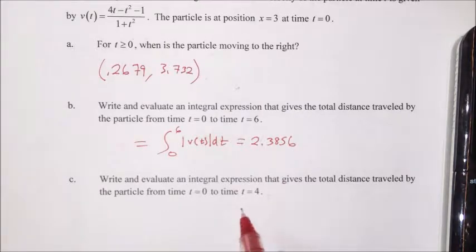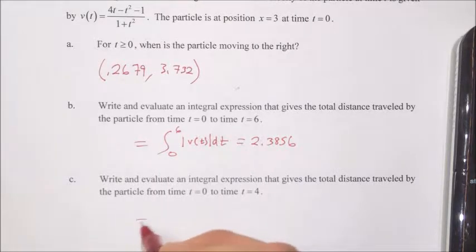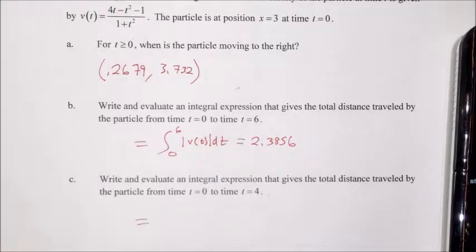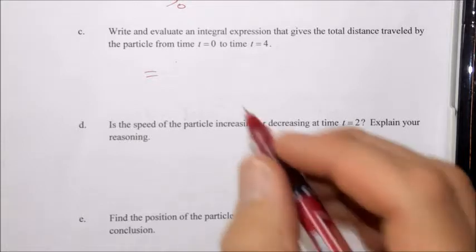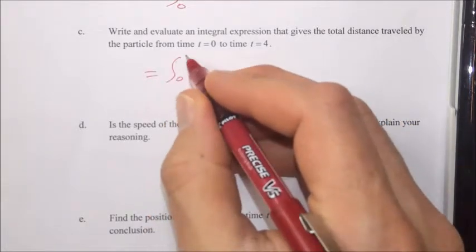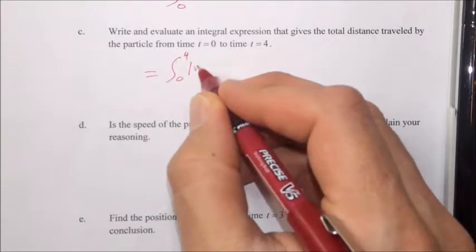All right, write and evaluate an integral expression that gives the total distance traveled by the particle from t equals 0 to t equals 4. So it's the same thing: the integral from 0 to 4 of the absolute value of our velocity.